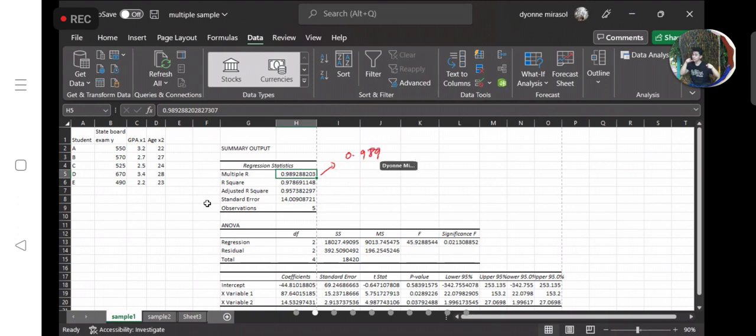So, it is the same here. The R squared, which we solved manually, is 0.978 for this problem. You recall, our number of observations is 5. That is our N.